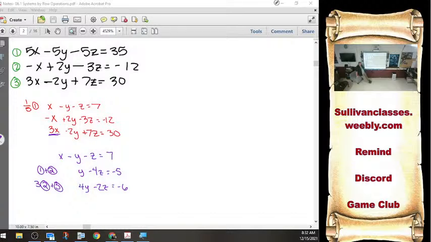I want that triangle gone. Yes, that's why z's always get the little line in them. I want this triangle of values gone. It's almost there.